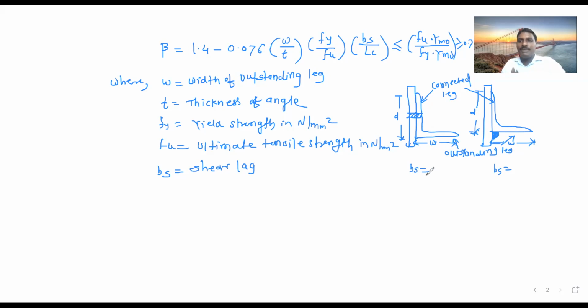First, how to calculate BS from this connection and from this connection. The connection is either bolted or welded. So BS is equal to, in a bolted connection, W plus W1 minus T. This is for bolted connection.